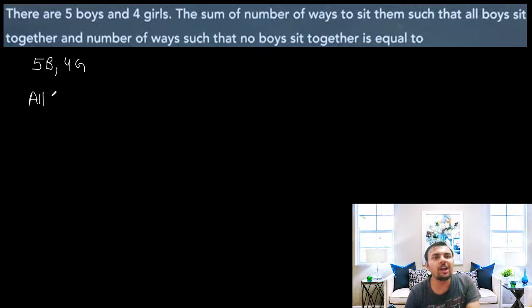So all boys together is 5 bundle with 4, that means 5 factorial. So it is 1 bundle, this is 4, 4 plus 1, 5. 5 bundle means 5 factorial into the permutation of boys.